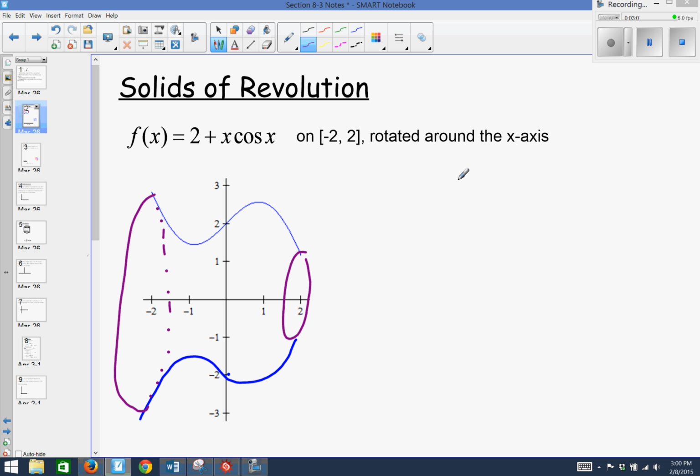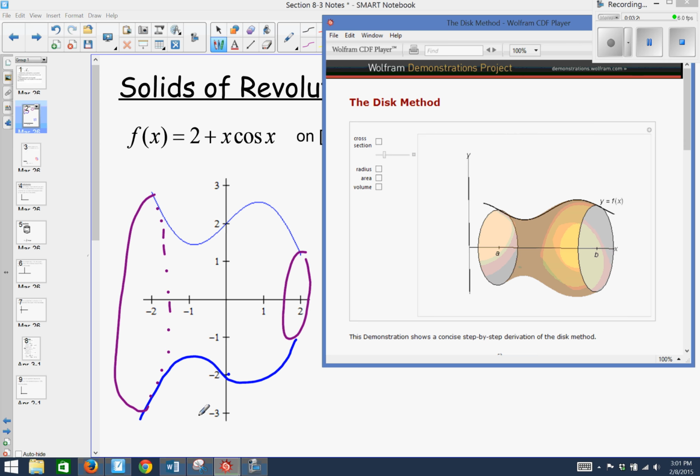But then, as I said, what we care about is that our cross sections are circles. And in this case, the center of my circle is the x-axis. It's what I'm rotating around. Well, to find the area of a circle, I need to know its radius. Well, the radius is actually determined by the height of the function.